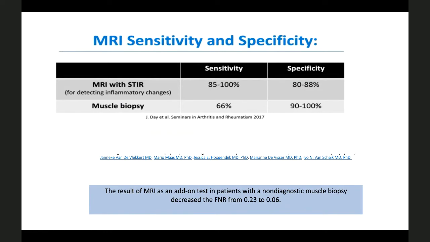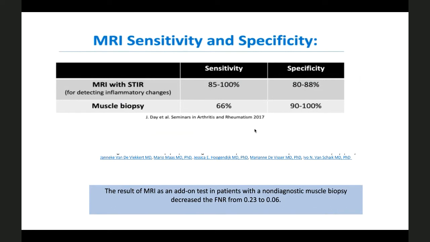And that's the reason if we do both biopsy and MRI, the false negative ratio comes down from 0.23 to 0.06%, as they did in this study, which was published in 2017.